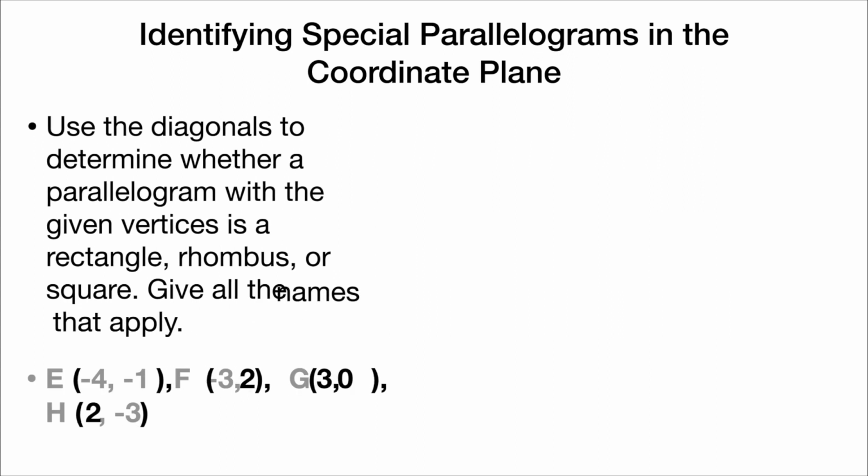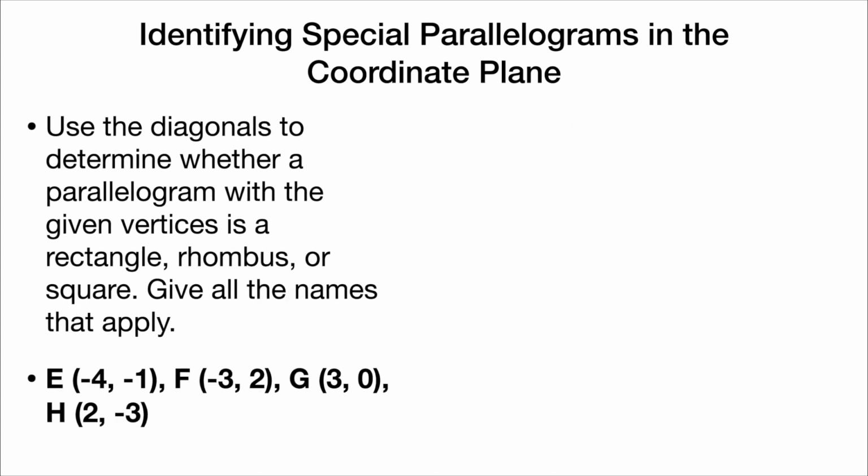All right, we're going to do this one more time. E is at negative 4, negative 1. F is at negative 3, positive 2. All right.